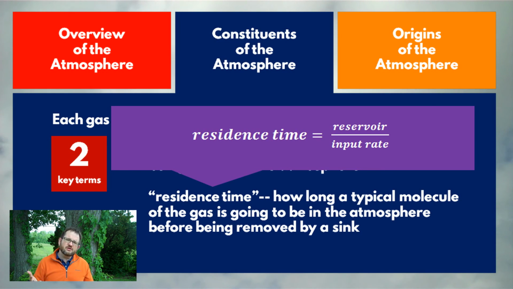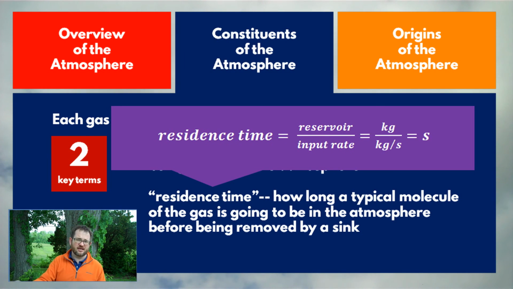And so we're going to use this little formula where the residence time of a gas is just the reservoir of the gas, which is going to have units of something like kilograms, divided by the input rate, how fast we're adding that gas to the atmosphere. So like the input rate might be something like kilograms per second. Okay, how many kilograms of oxygen are being added to the atmosphere every second by photosynthesis in plants?